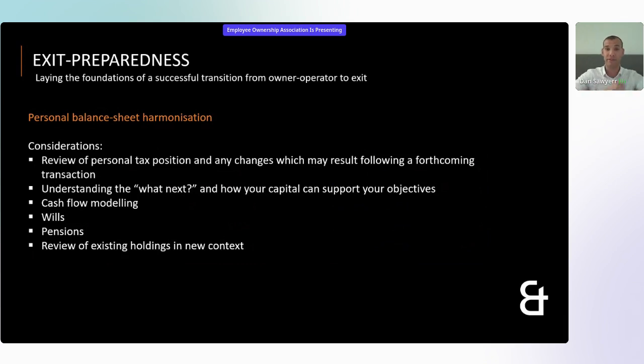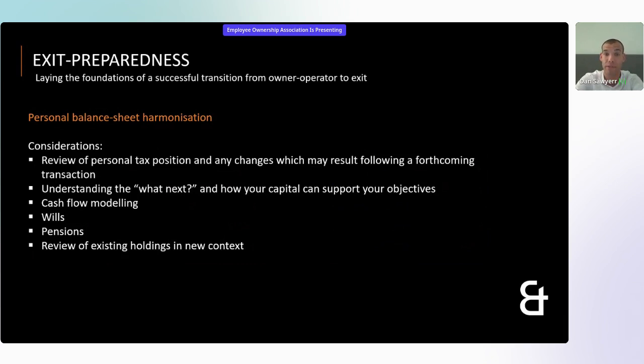In my experience, most of my clients and entrepreneurial families that I work with have spent their lives developing and implementing business plans. But very rarely is the same level of consideration given to the personal side of the balance sheet.